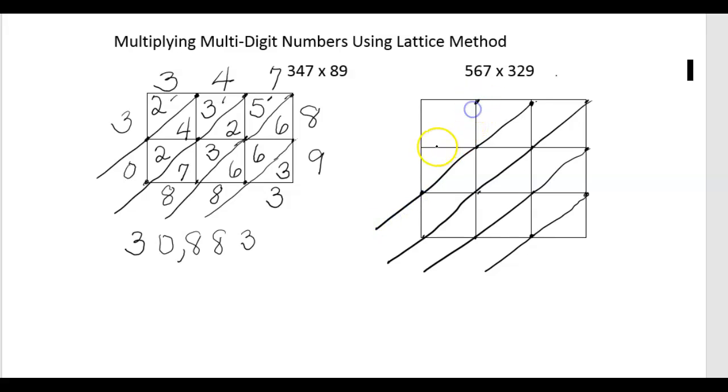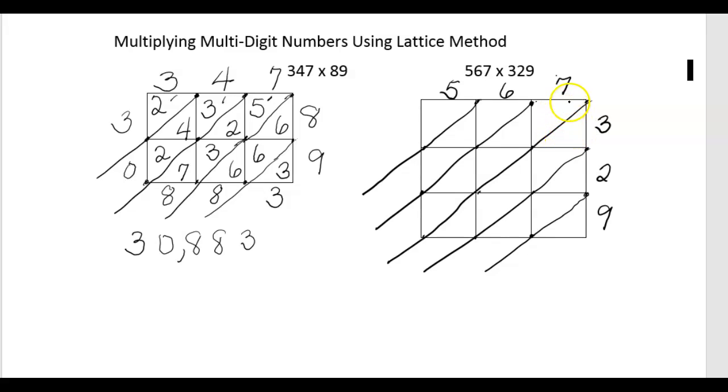And finally, we have this box. Okay. And I'm going to write my 5 here within the space, 6 and 7. I will write my 3, 2, and 9. Okay. Then I would multiply the top and the side numbers of each box.